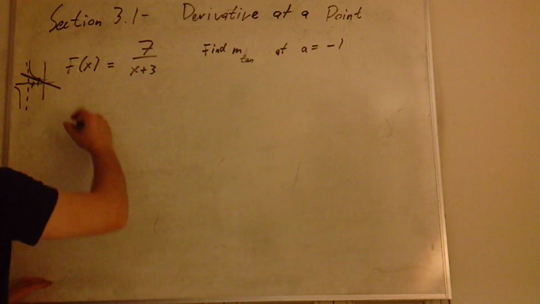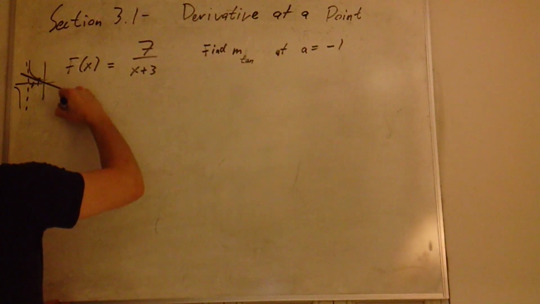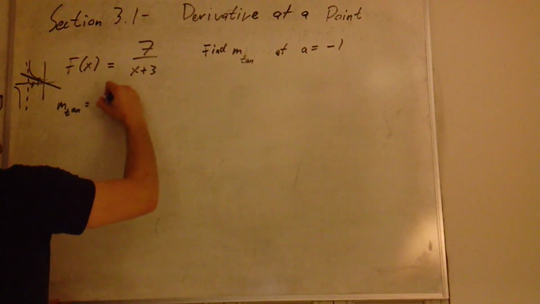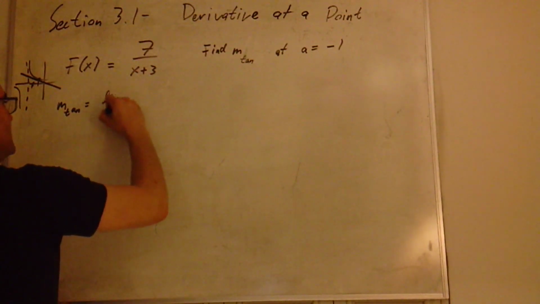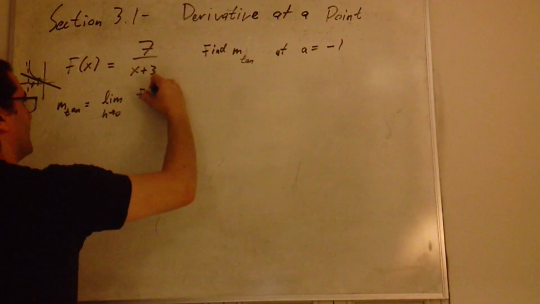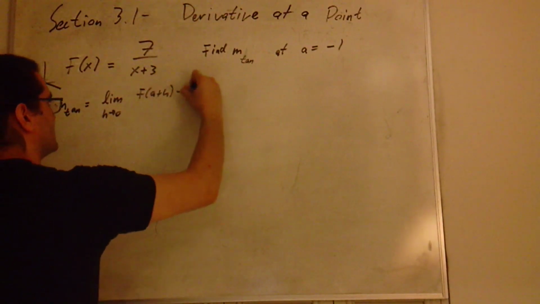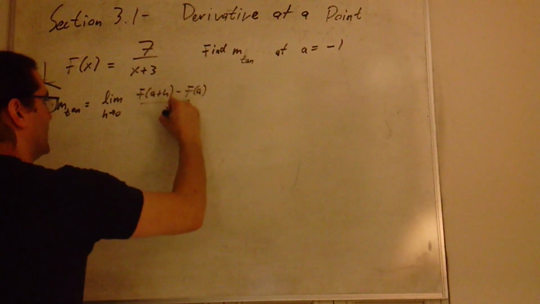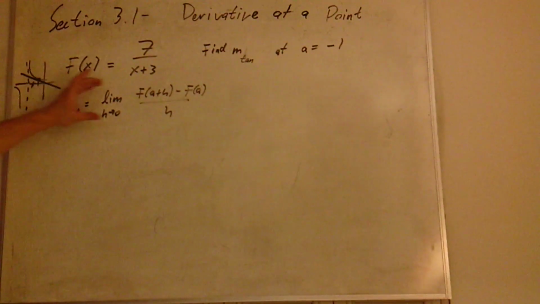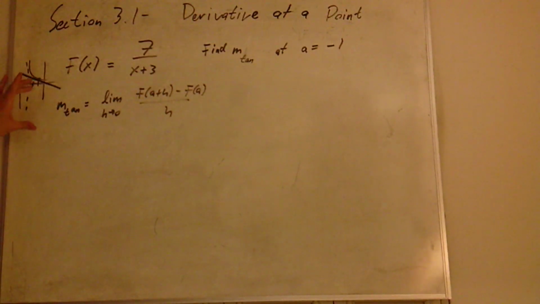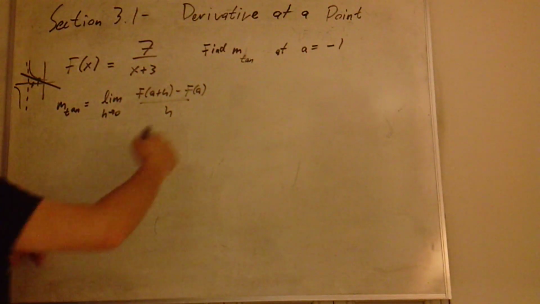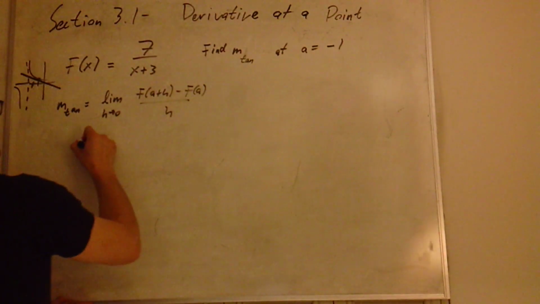Let's see. To get the slope, I need to do the limit as h goes to 0 of f of a plus h minus f of a over h, and I'm going to write down this step 0 every single time. And then I'm going to plug the function into this and see what happens.